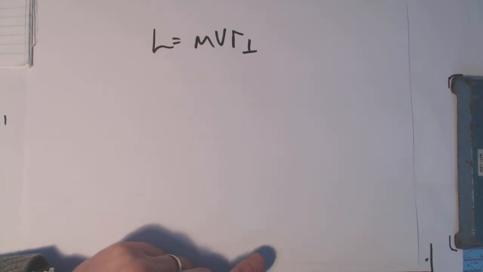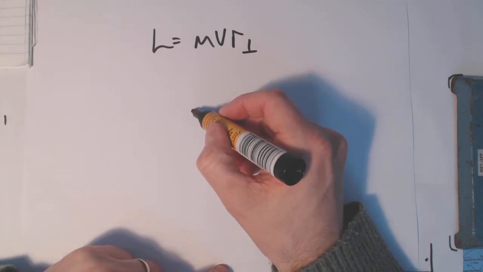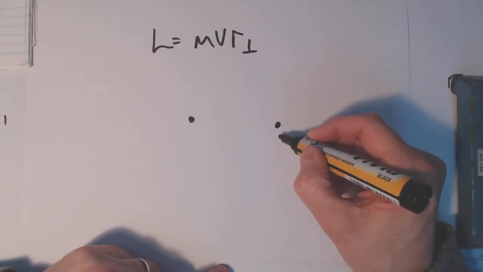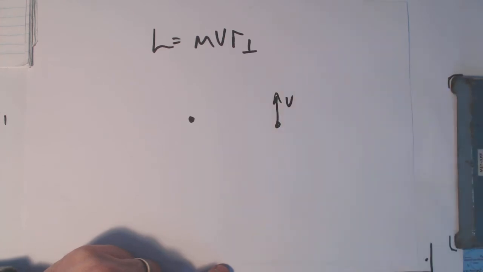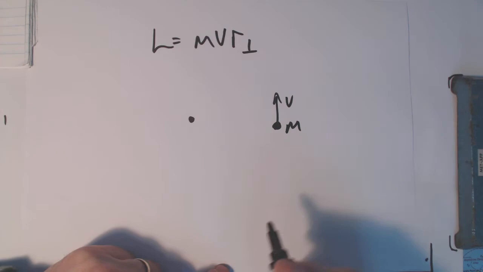L equals mvr. Now that one there is for this type of situation where you've got a point that you're measuring your rotation about, and you've got an object moving with a velocity. We can ask ourselves, what's this mass? It's got a mass, it's got a velocity.